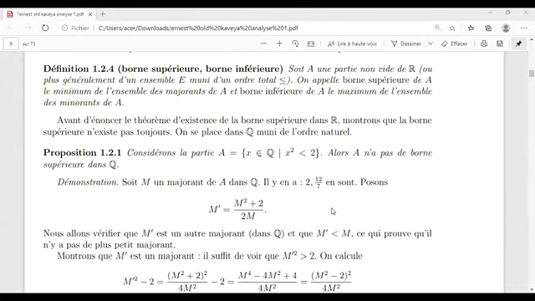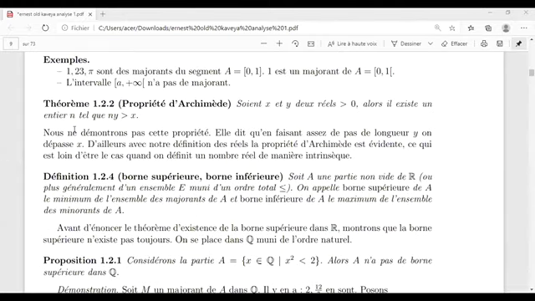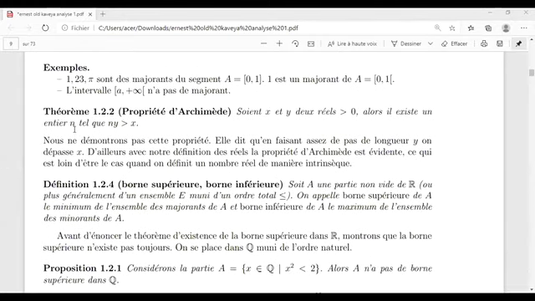Oui, d'autres questions? Yeah, there is a question before you close. On the first theorem, what does the n represent? It represents a natural number. N, natural number: 0, 1, 2, 3.